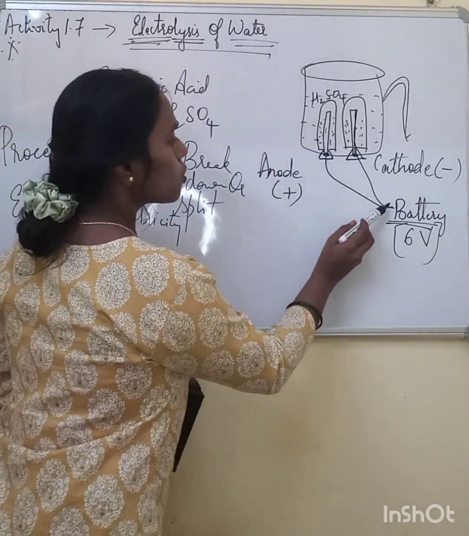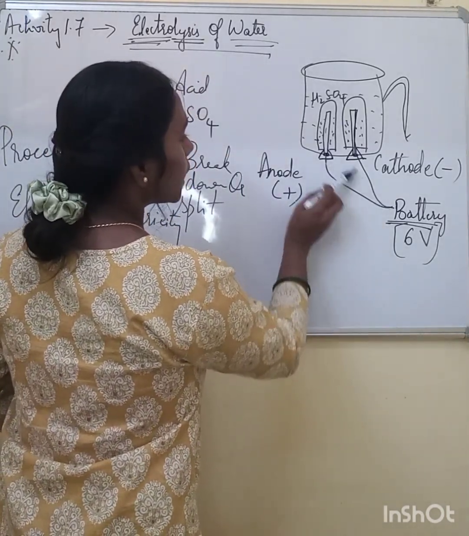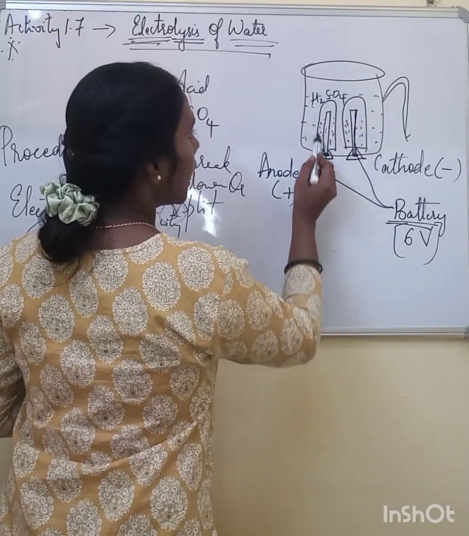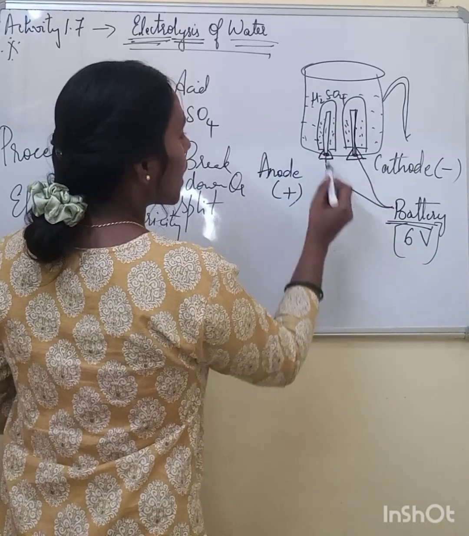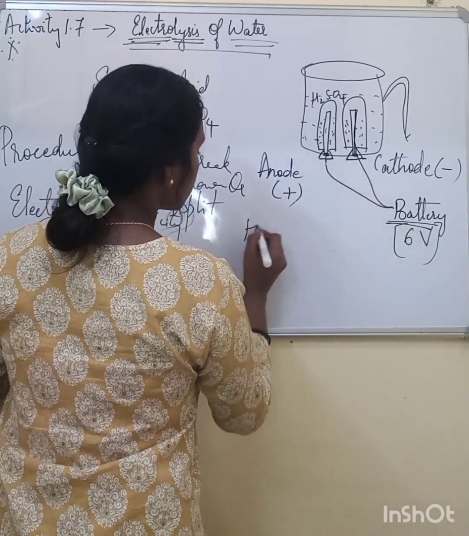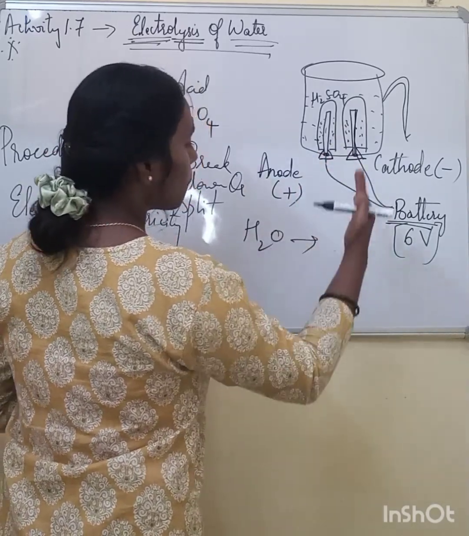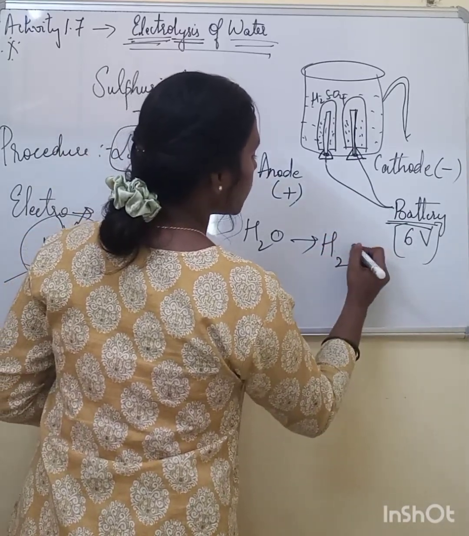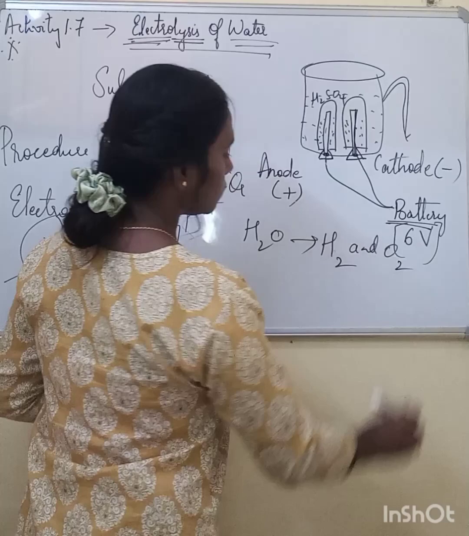So now you will switch on the battery, current is being passed. Now the water which is present over here in the test tube, on passage of electricity, H2O will get broken down or split into hydrogen and oxygen.